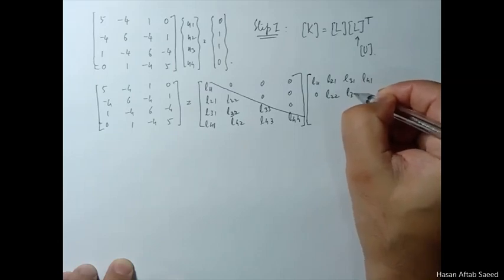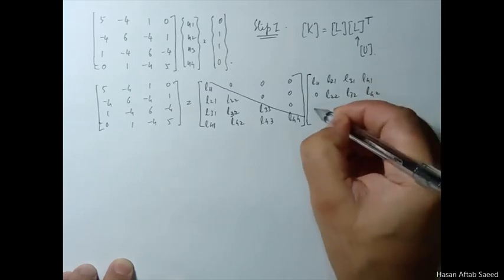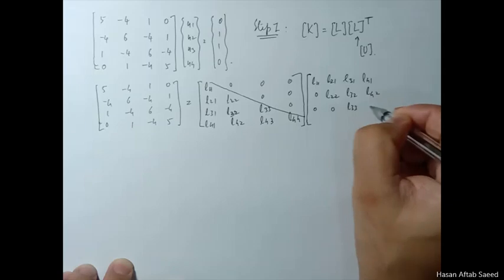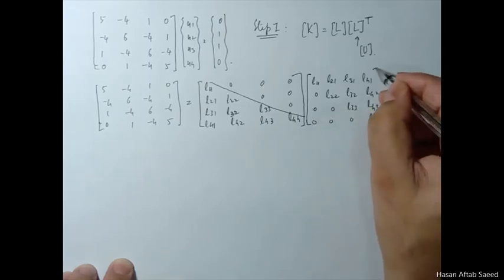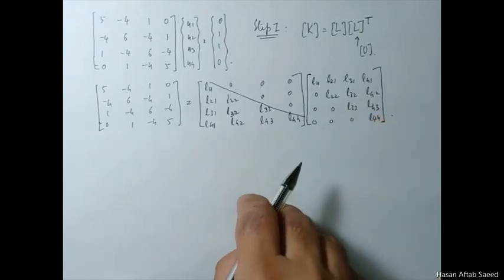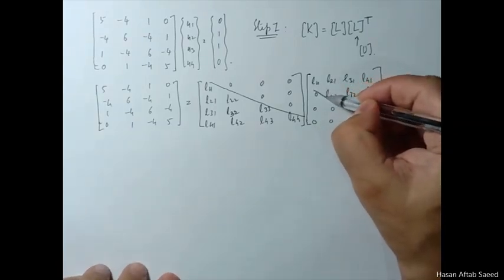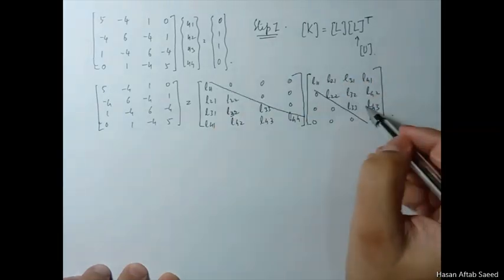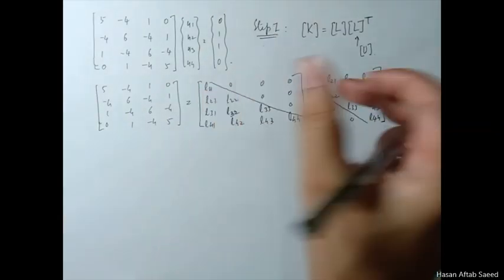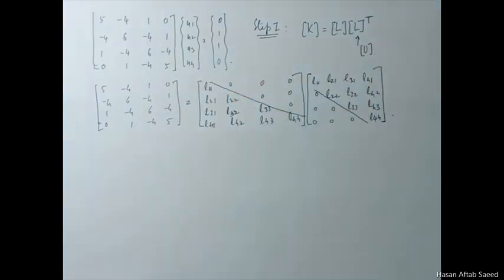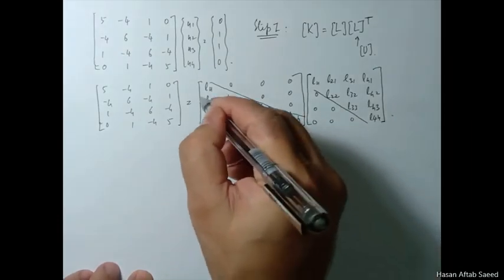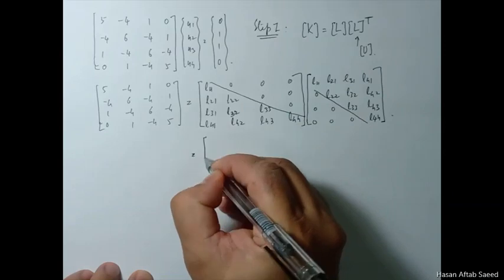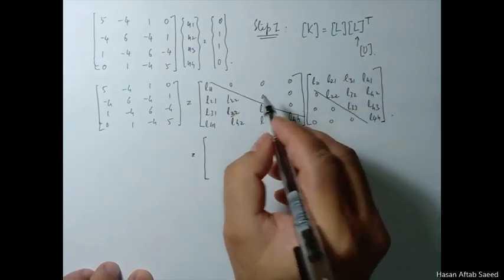So this is the principal diagonal, and everything below it is 0, and this one is the transpose of this. Each is a transpose of the other. So let's see what values all these positions assume if we multiply them.